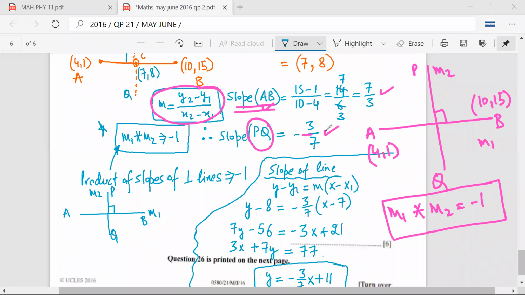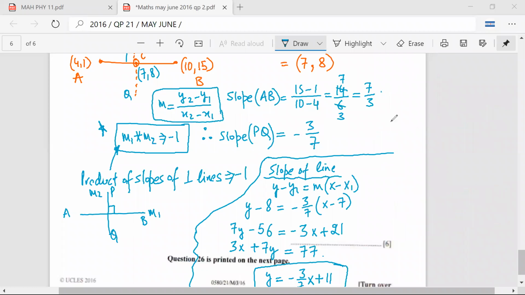Once I have the slope of PQ, then I use the third equation, which is the equation of a line. It is given by y minus y1 is equal to m into x minus x1. In this equation, m is the slope of the line and x1, y1 are the points through which this line is passing. Any doubt about this?